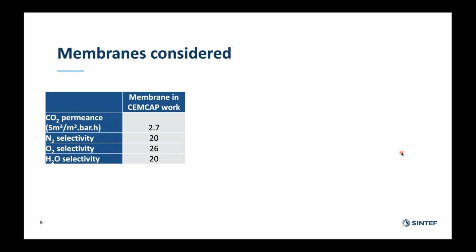The properties are similar to that of the MTR membrane, except that the selectivity is lower than the first generation MTR membrane. So because of that, one of the other membranes we consider in this work is the MTR first generation, where everything remains the same except the selectivity, which is higher at 50.